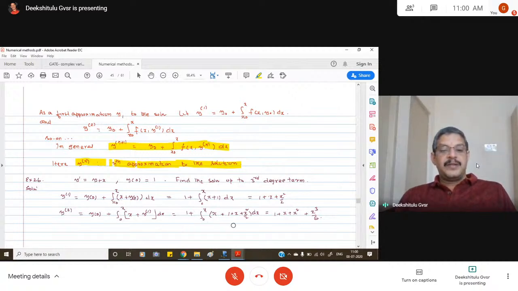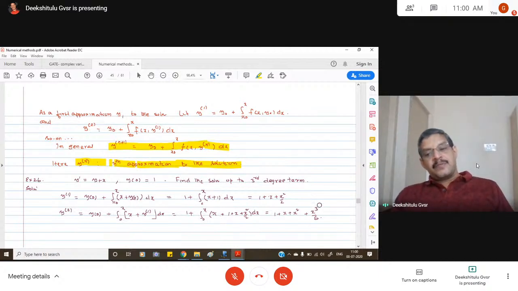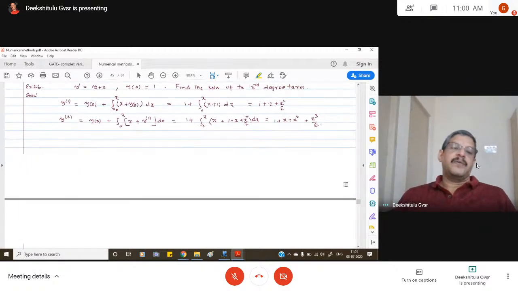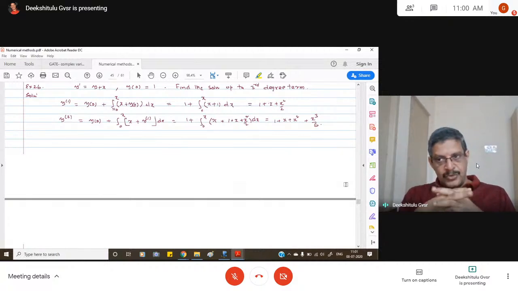You put this y1 here, so x plus 1 plus x squared by 2 dx between the limits 0 to x, that becomes 1 plus x plus x squared plus x cube by 6. So that's how we go ahead with increasing n. Finally, y1, y2, and so on, the yn, they converge to the actual solution.